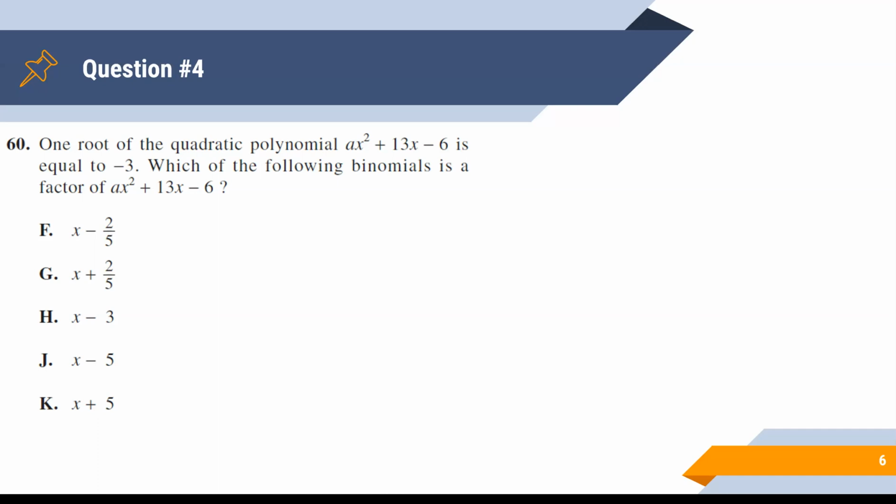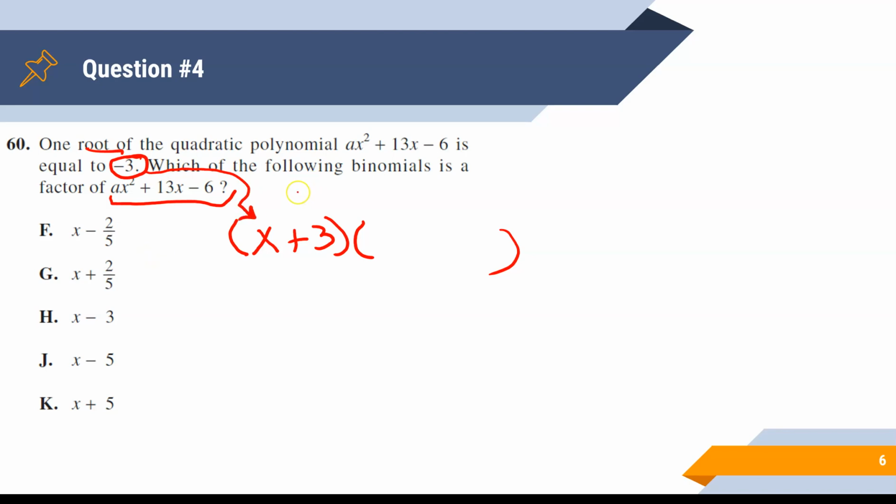Okay, here's question number 4. So we're asked to factor this. Now we're told one of the roots is -3. That means the factor it comes from is x plus 3, okay? So from a root to a factor.